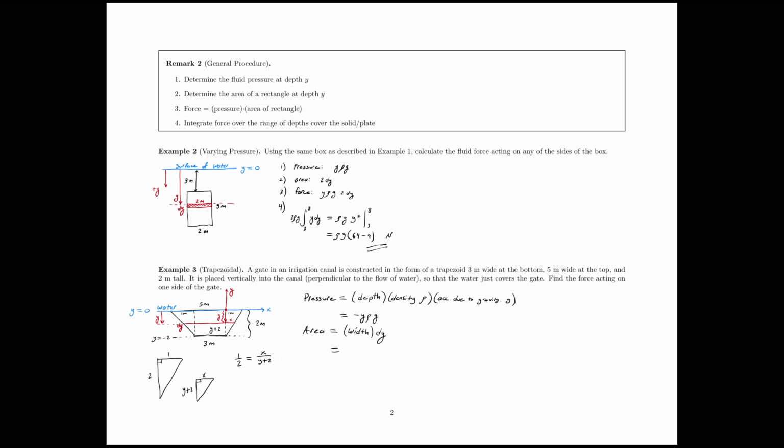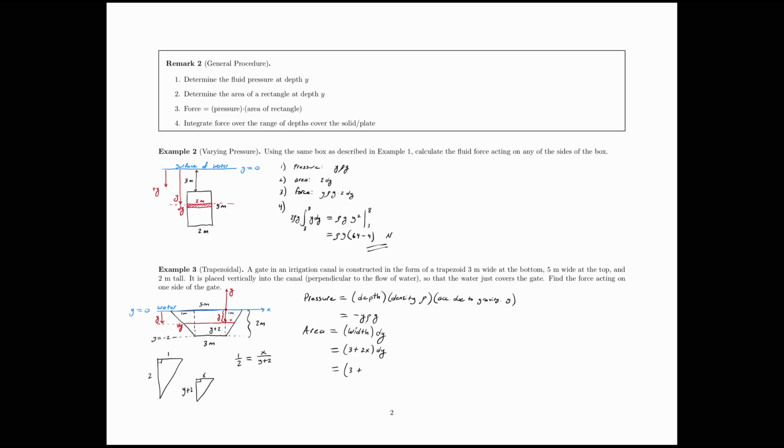So the width here, we know that this is x and this is x. So we have x plus this middle portion, which is 3 meters. So it's x plus 3 plus x, so 3 plus 2x. And here is exactly why we need similar triangles, because we need everything in terms of y before we integrate.